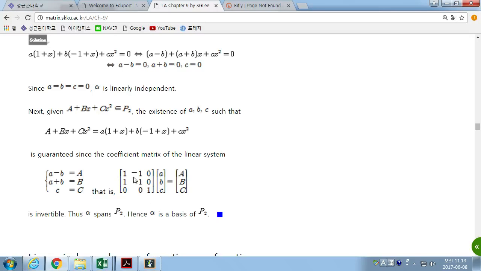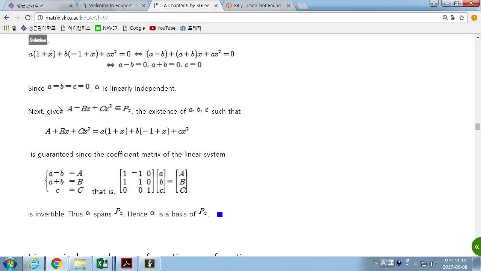As you see, this is a non-singular matrix. It has an inverse. Multiply by the inverse, then little a, b, c can be found as the product of the inverse of this times this. So little a, b, c can be uniquely determined for any capital A, B, C.